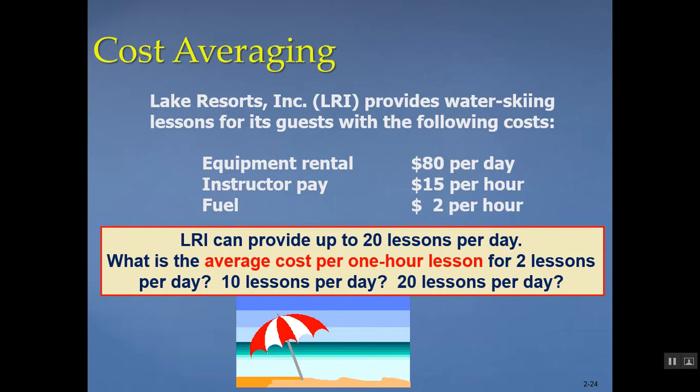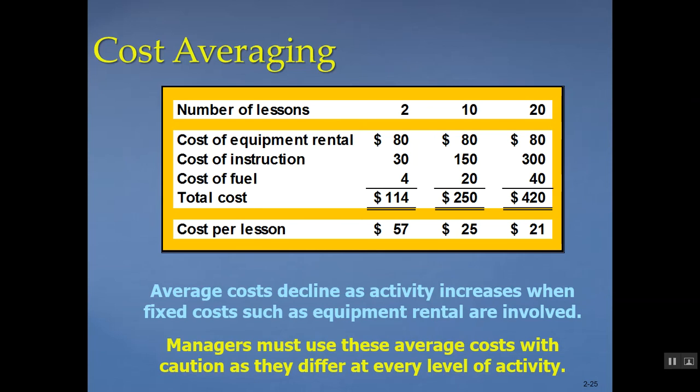What is the average cost for a 1-hour lesson, for 2 lessons per day, 10 lessons per day, or 20 lessons per day? Well, if you did it based on 2 lessons, 10 lessons, and 20 lessons, you'll see that the cost per lesson varies between those because of the variable cost component, the fuel and the instruction. Average costs decline as activity increases when fixed costs such as equipment rental are involved.